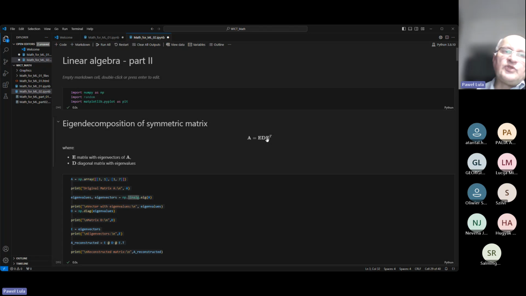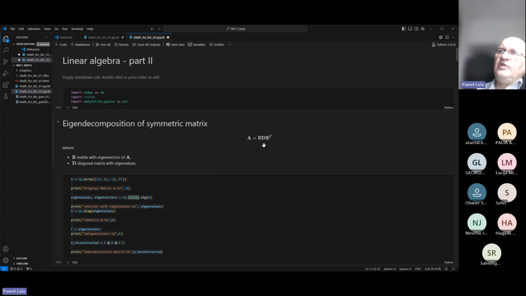It is a decomposition. But now we are talking about the decomposition of symmetric matrices. Symmetric means that above and below the main diagonal, on the opposite side of main diagonal, we have the same values. And in this decomposition, we will use eigenvectors.